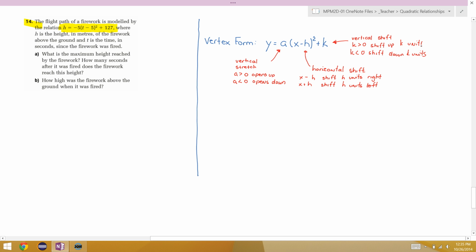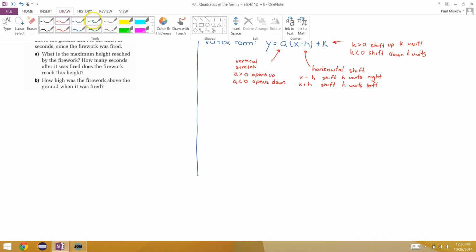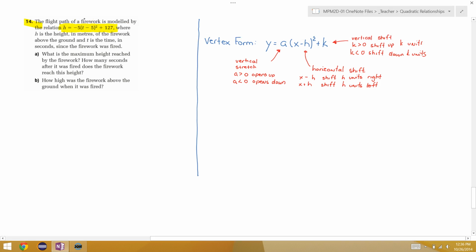So, when we learned about quadratics in vertex form, we said regardless of the question, we always want to be able to do a quick sketch to help us get a picture of what this looks like. And in vertex form, we can make that sketch as long as we identify some key attributes of a quadratic from it.